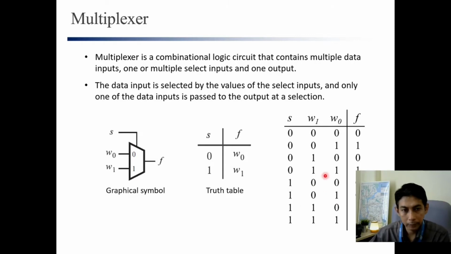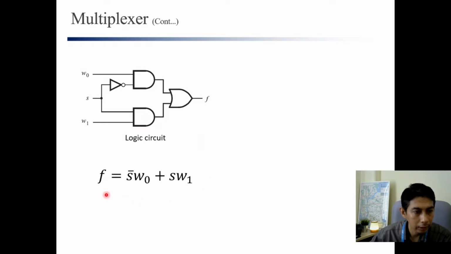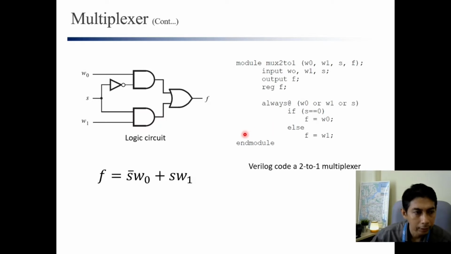This is the gate-level schematic, or logic circuit. We learned this already in chapter 2, and this is the Boolean equation. Of course, when we have a Boolean equation, we can code, or model, the multiplexer using data flow modeling.